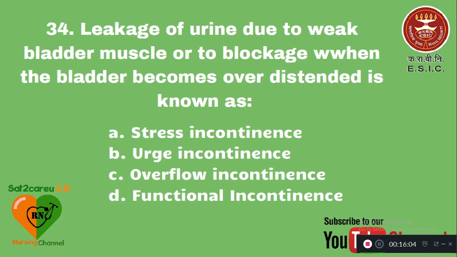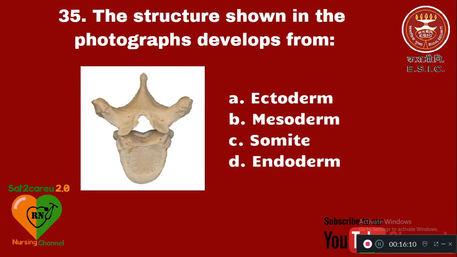The right answer is option C, overflow incontinence. 35. Image-based question. The structure shown in the photographs develops from. So the vertebra is developed from option A, ectoderm, B, mesoderm, C, somite, D, endoderm. The right answer is option C, somite.